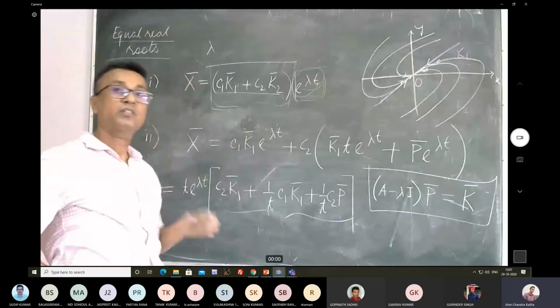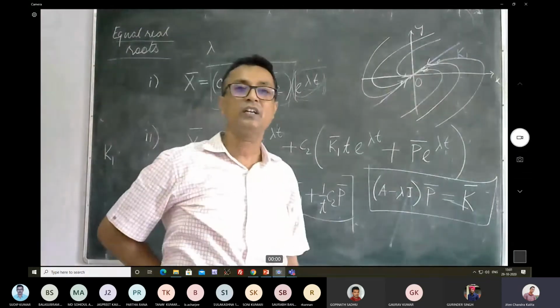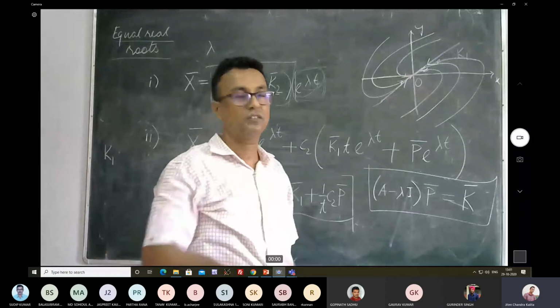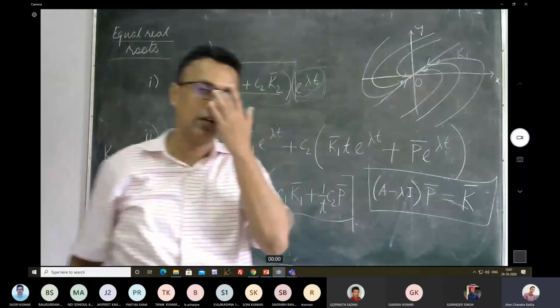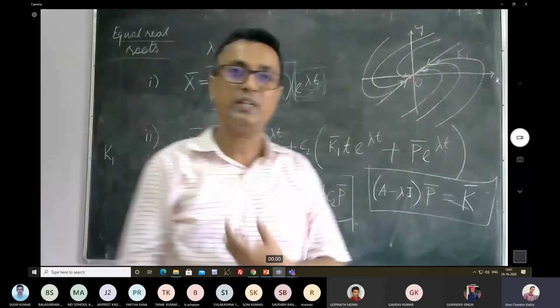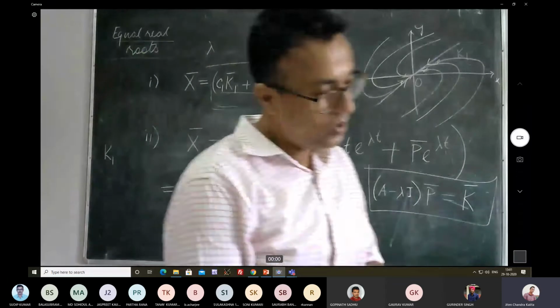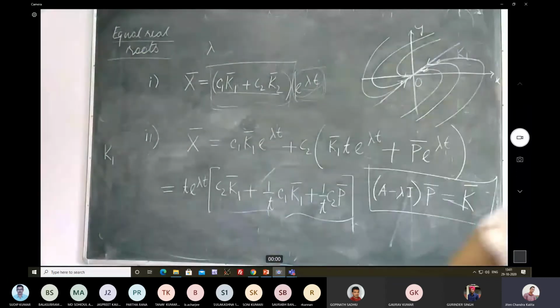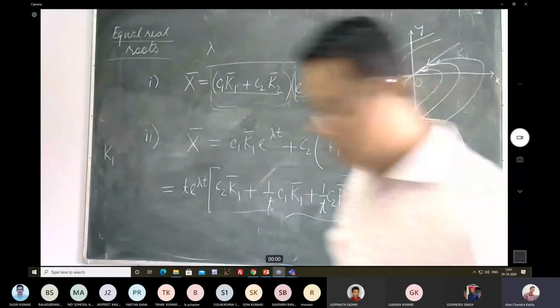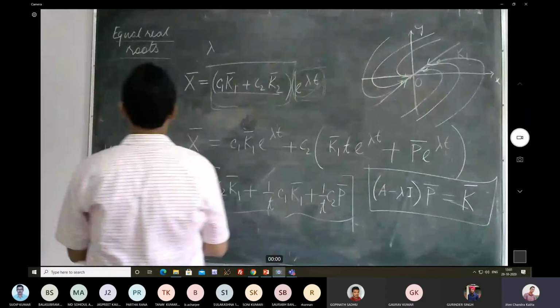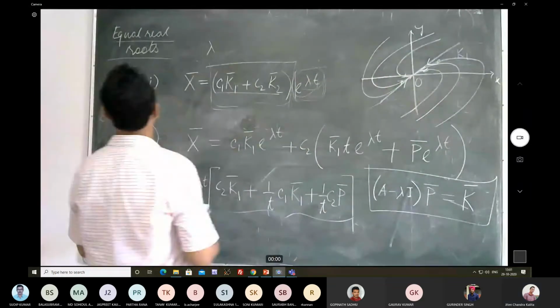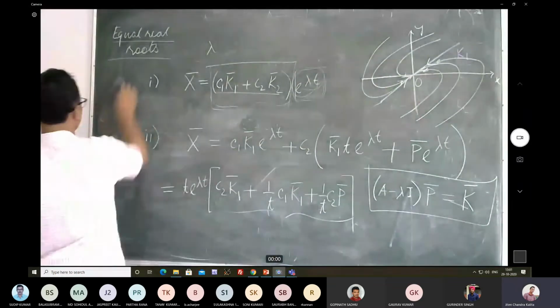Then you get straight lines as your trajectories. Okay, fine. So that brings me now to complex eigenvalues.